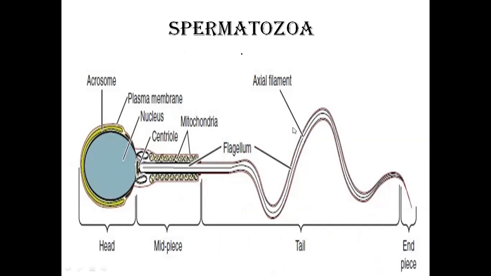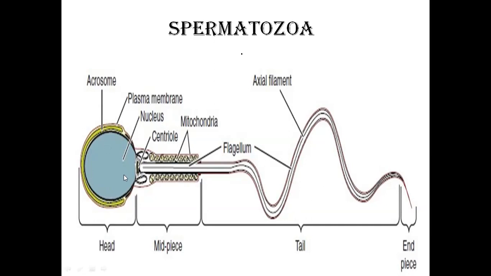So the spermatozoa is an intricate, motile, flagellated cell, rich in DNA and having 3 parts. One is the head, then the middle piece and the tail end.